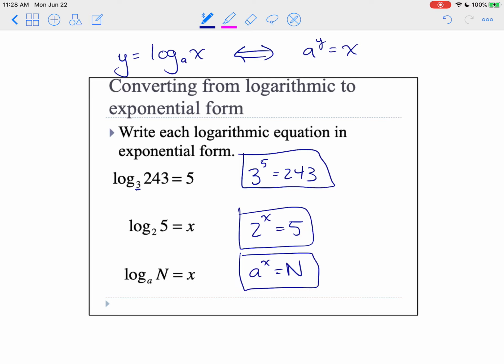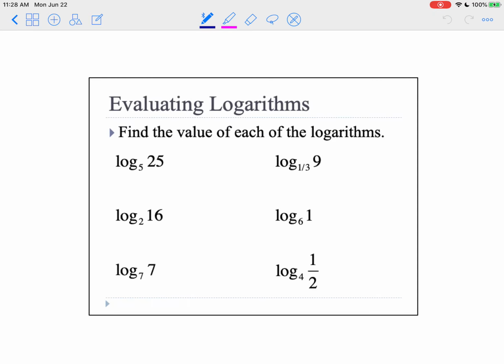Again, you can pause, rewind, whatever you need to do. So now we can evaluate these logarithms, and I want to do these without a calculator. And the question that I'm always asking myself, since this is the definition of what a logarithm is, a to the y equals x.